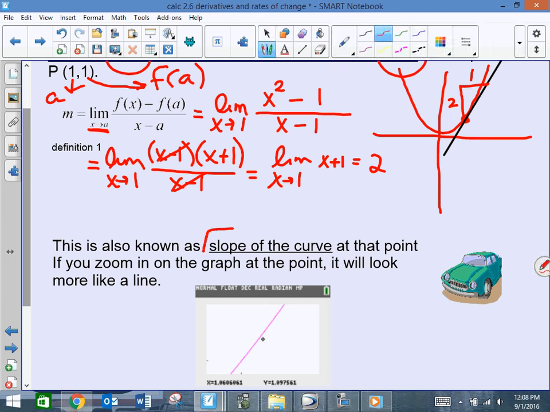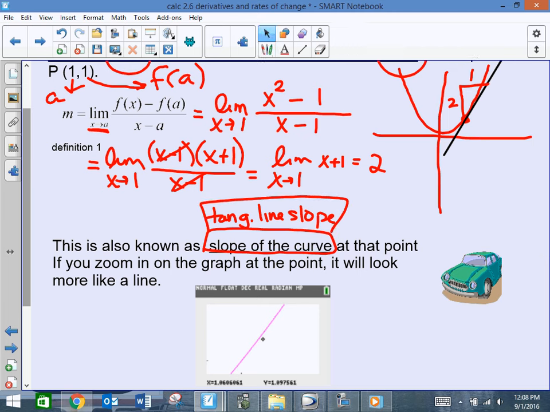So this and tangent line slope are the same thing. So when they ask you for that, you're going to use the same formula, okay? So that's why I had you do that.